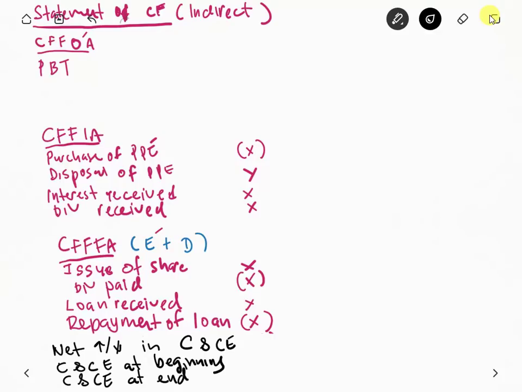So our format will be three activities, ended with the three cash and cash equivalent lines.